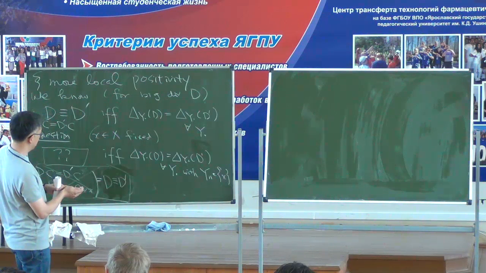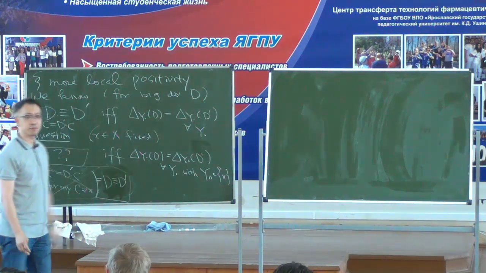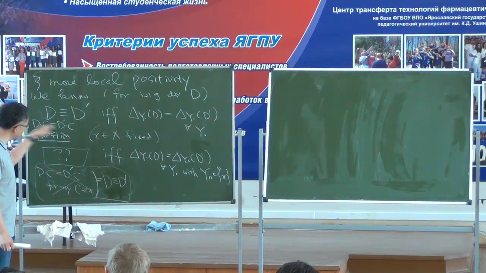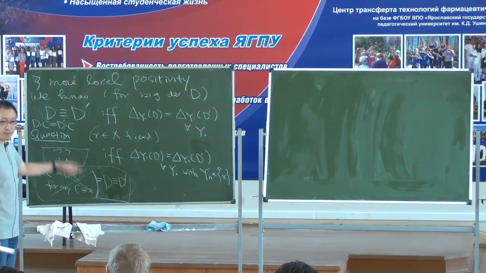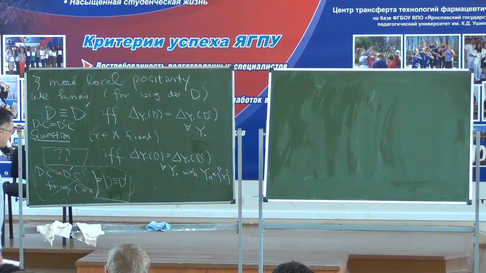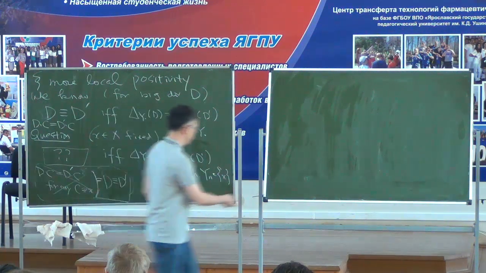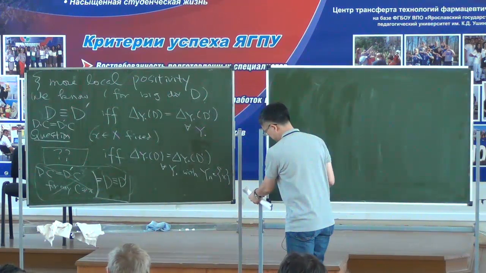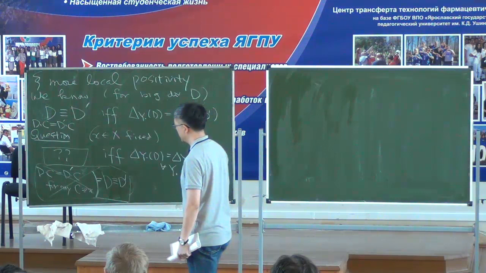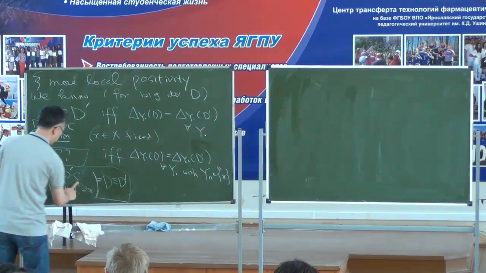Which is strong. So this is stronger, yes. But even if you consider the curves through X, it doesn't strengthen the condition. Okay, so you need to come up with different notions. Sorry, I made you confused.